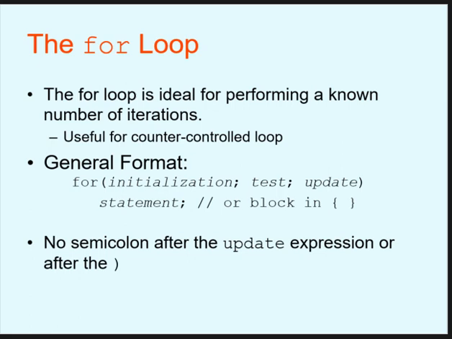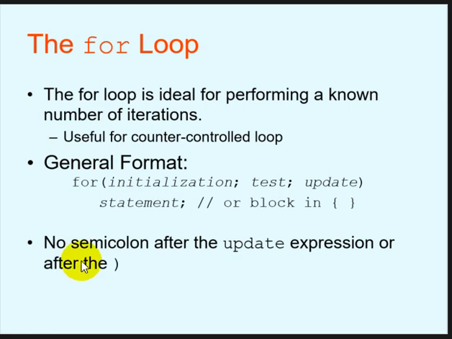Do while loop is suitable for displaying the menu at least once, even if the user puts in a wrong entry, but you still want to display the menu. Now the for loop is ideal in a situation where you are pretty sure about the number of iterations, how many times you want to repeat a block of statements.